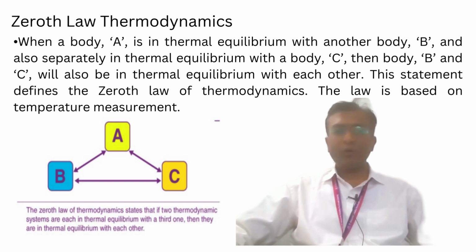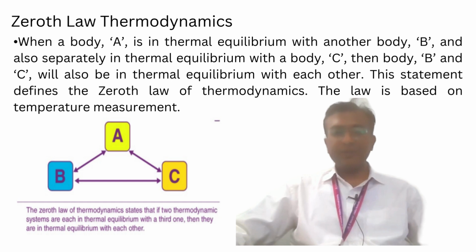This might seem obvious, but its implications are profound. Essentially, it tells us that thermal equilibrium is a transitive property. It allows us to establish a common reference point for temperature. This law forms the basis of temperature measurement.